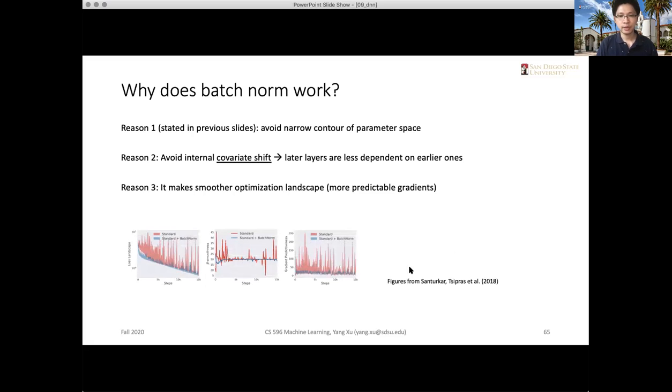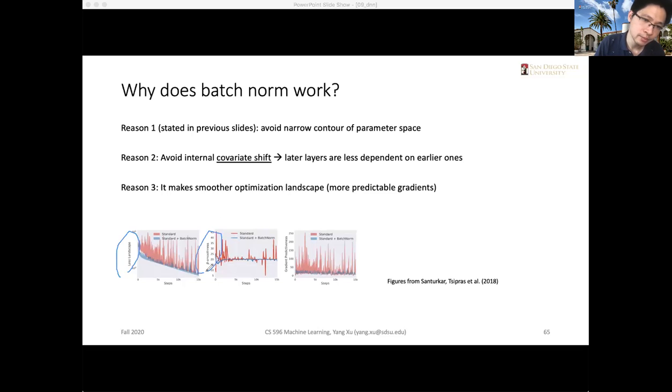We will get much more predictable gradients. This is from a recent study that shows if we use batch norm, as indicated by the blue curves, you will see a lot fewer jiggles, not just in the loss. The first figure is the loss, and the second is beta smoothness.